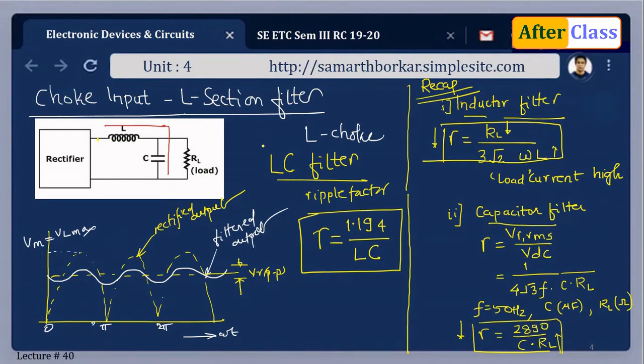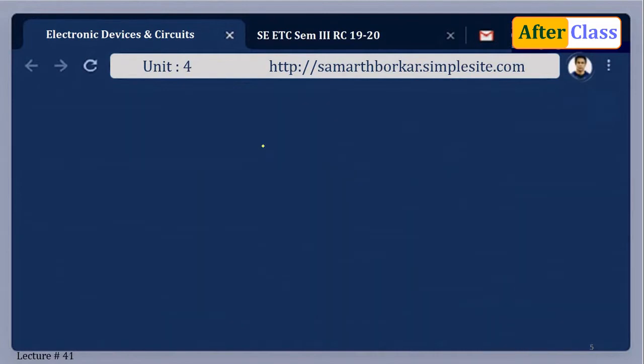The output voltage for this particular circuit can be expressed as a Fourier series.